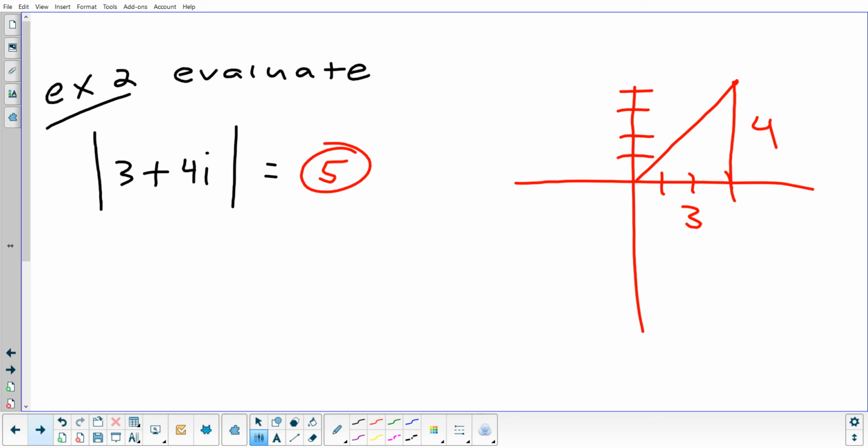Okay, that's a 3, 4, 5 right triangle. All the rules with square roots still apply. If you get a square root that you can reduce, like square root of 20, you should be writing that as 2 square roots of 5. But in this case, we had the square root of 25, so it comes out to a nice number. Questions on that?